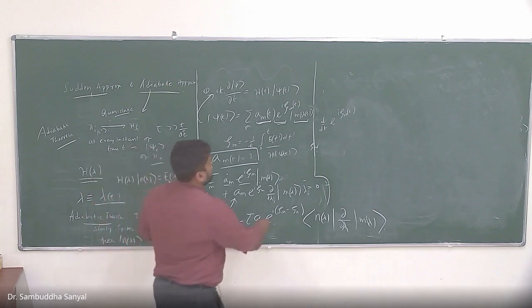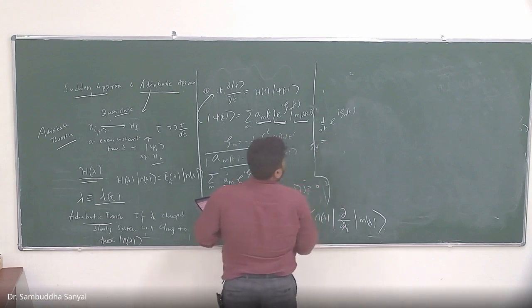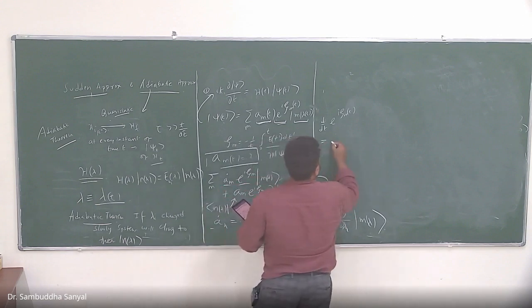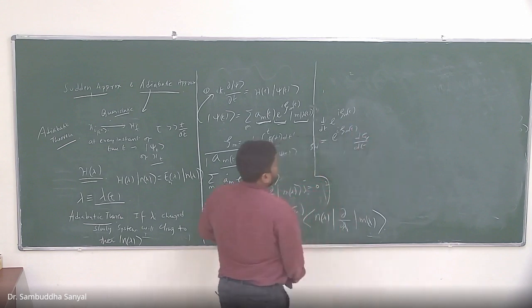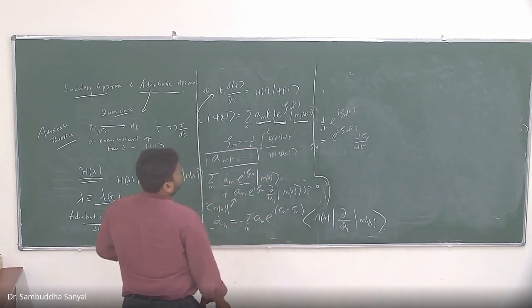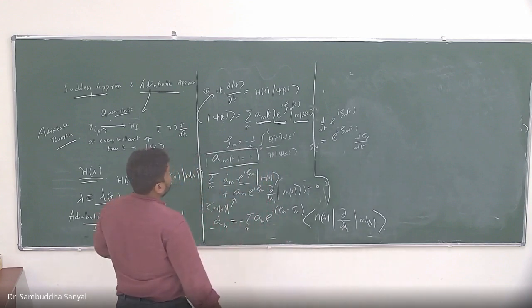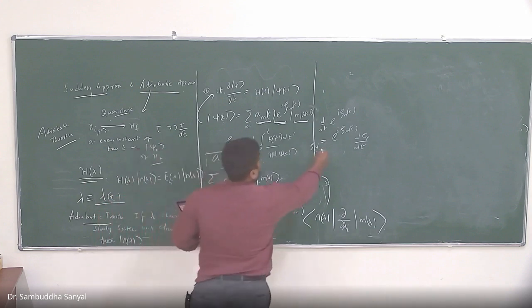So what do you get here? You will get the i gamma_m first comes down, right? So you will get e to the power i gamma_m t times d gamma_m t. So this quantity will give you, yeah, there will be an i.